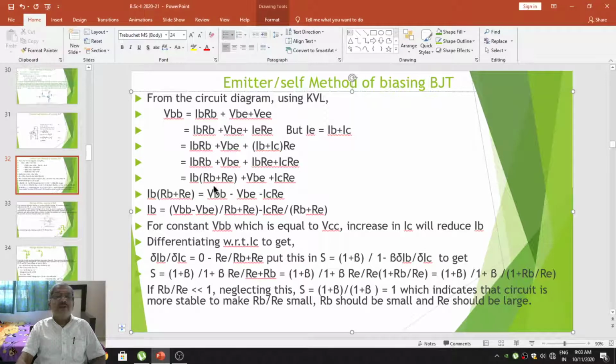But as V_BB equal to V_CC, and that is equal to constant, and V_BE is very less than V_BB, that's why we can write for constant value of V_BB which is equal to V_CC, increase in I_C will reduce I_B.